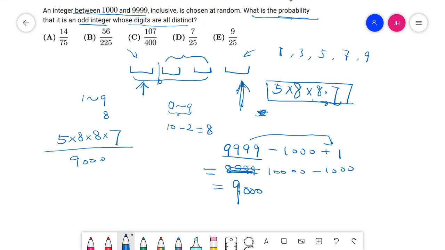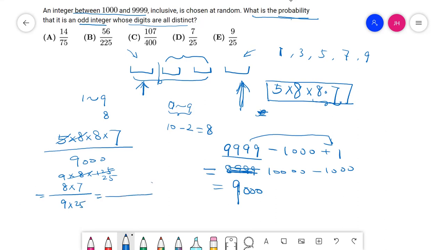Whoa, this is a big number. So let's break it down. So we know that 9,000 equals 9 times 1,000. 1,000 is 8 times 125. Good. So this cancels that. The 5 cancels this, gives 25. All right, so the ending result is 8 times 7 divided by 9 times 25.